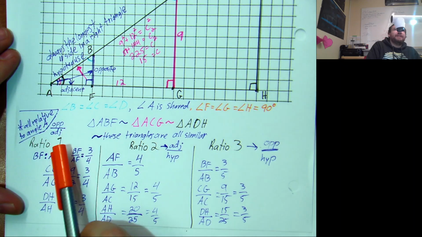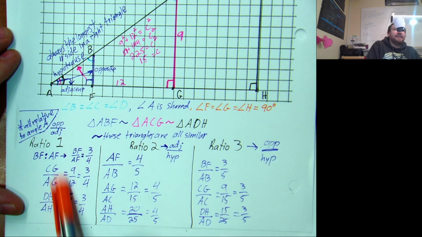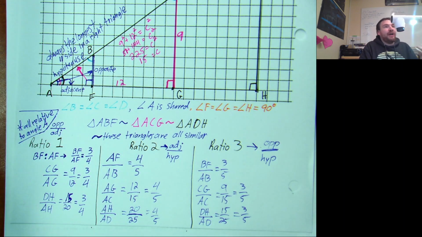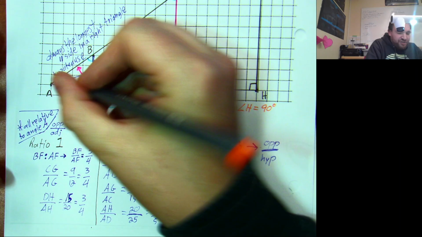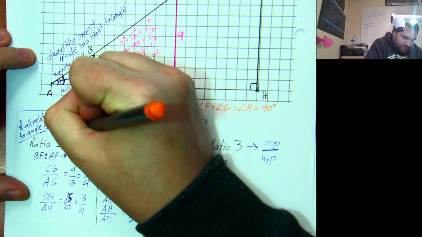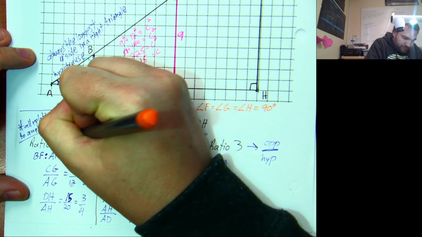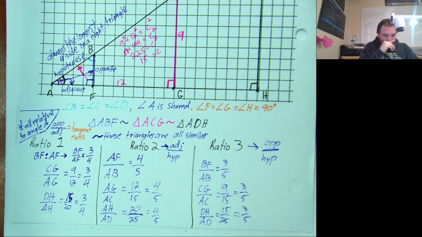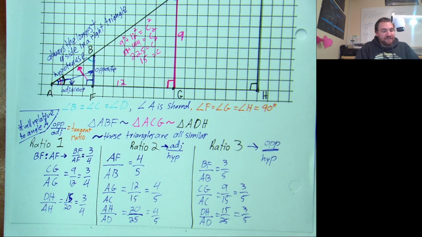This first ratio, the opposite side divided by the adjacent side, we call the tangent ratio. We say that the opposite side divided by the adjacent side is defined to be the tangent ratio.